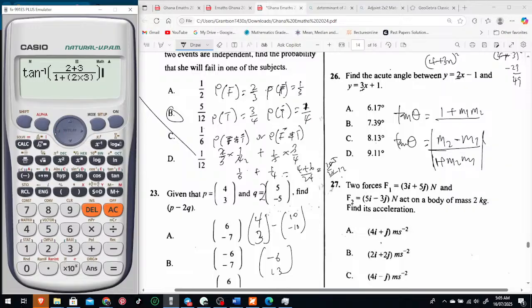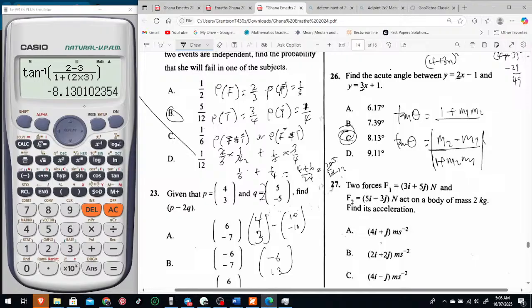No, the top is minus. Negative 8, but I'm taking the absolute value, so it's this one. Do you understand? Those on the call, you can respond. Yes, please. There's the formula: the change in gradient over 1 plus the product of the gradients. This is actually a tan identity for compound angles.